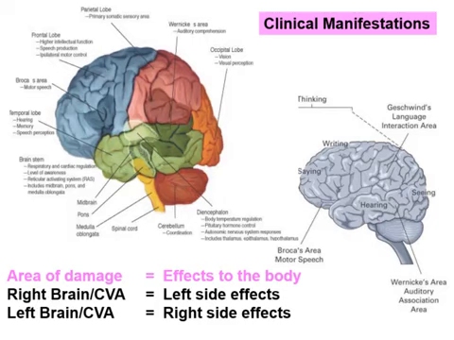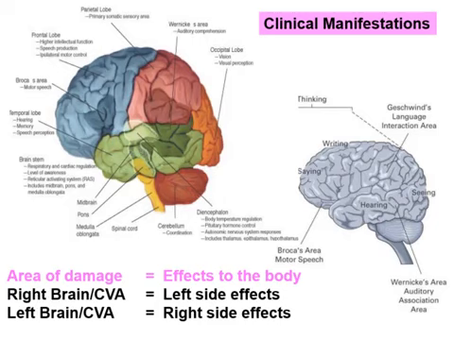Aphasia is the inability to comprehend or formulate language. You could have agraphia, the inability to write. Alexia, inability to read. Acalculia, the inability to calculate. A lot of times they're very depressed, cautious, anxious. They're frustrated because they're very aware of their deficits.